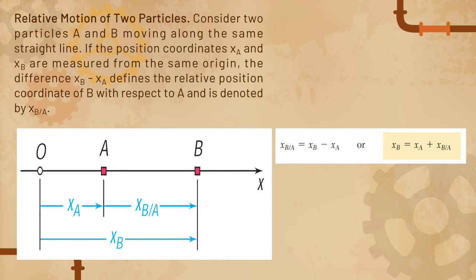From point A to B, it denotes x sub B over A, which measures the distance between A and B. And from 0 to B, it is denoted by x sub B, which measures the distance from 0 to B, which includes the point A in the middle.